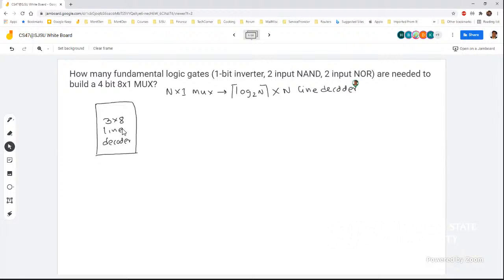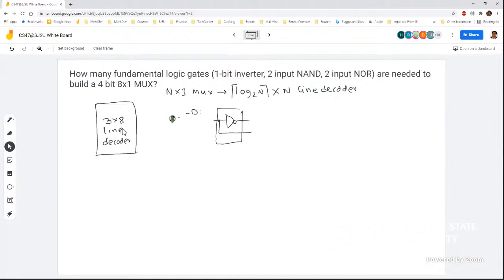Now for this line decoder part, if there is a 1 to 2 line decoder, for example, what do we have? We have just one inverter, nothing else basically.